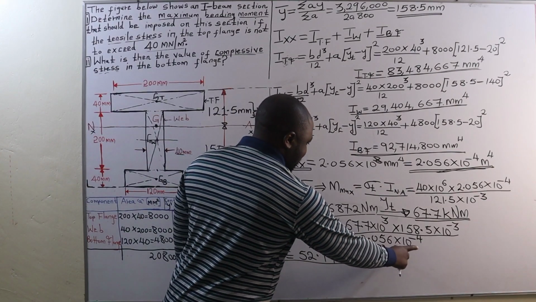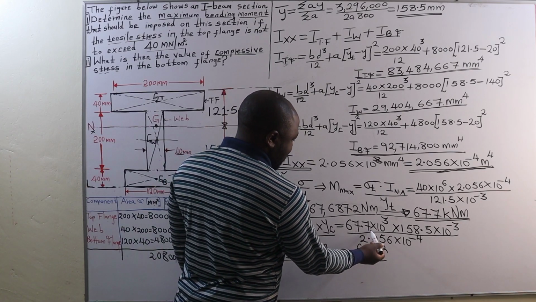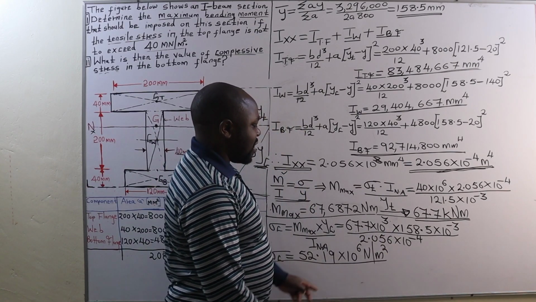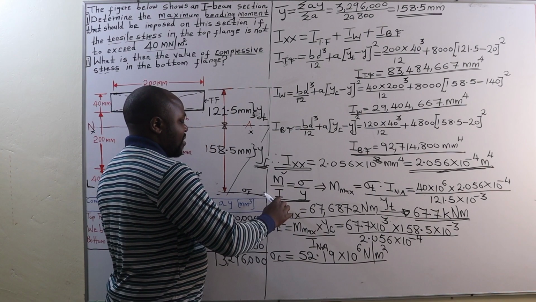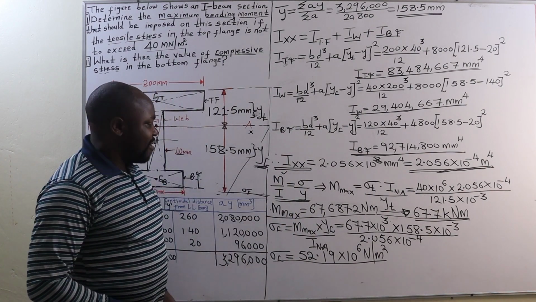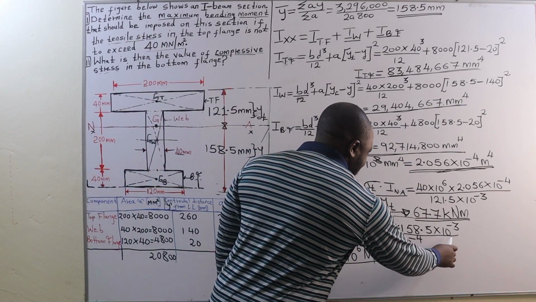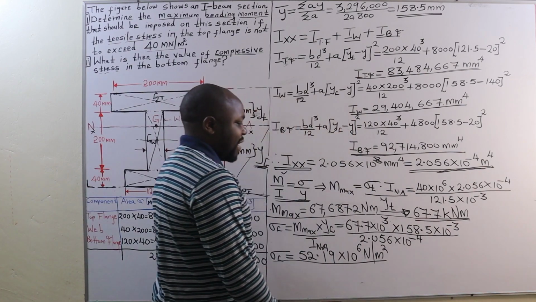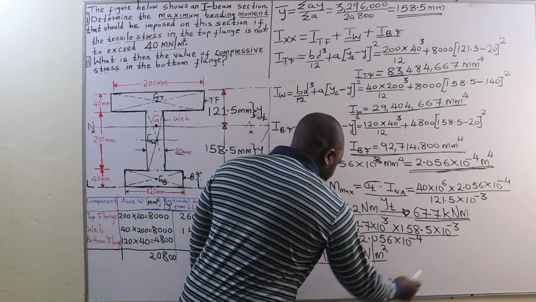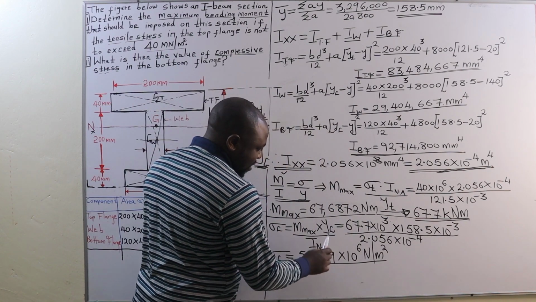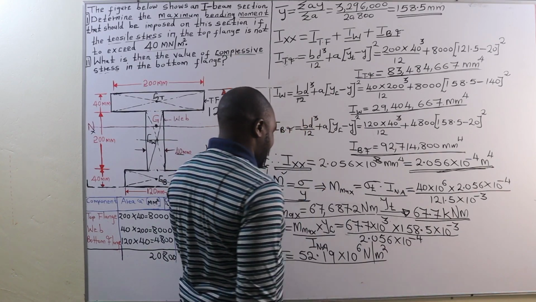Therefore, the compressive stress is going to be a maximum bending moment of 67.7 times 10 raised to the power of 3, converting to newton meters, multiplied by YC. YC is the section subjected to compressive stress, which is 158.5 millimeters. Converting it to meters, we multiply by 10 raised to the power of -3. It's just dividing this one by 1,000. Then all over the moment of inertia about the neutral axis, which in this case is 2.056 times 10 raised to the power of -4.